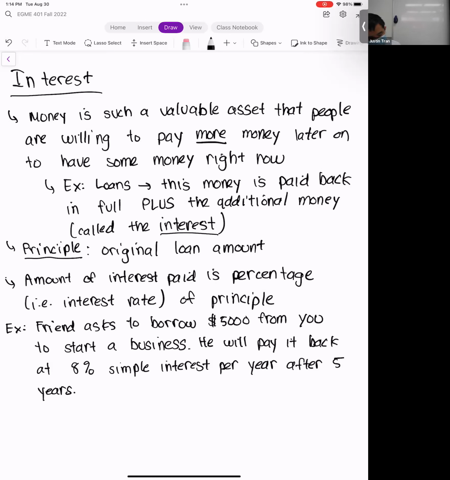In this simple problem, what we want to compute is, after those 5 years, how much money is your friend going to pay you?